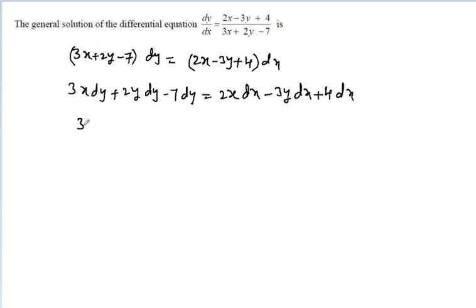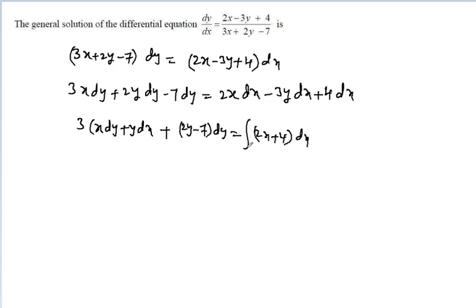Take this side, that is 3 common, (x dy + y dx) plus, and take dy common, that is (2y - 7) into dy is equal to, here (2x + 4) into dx.